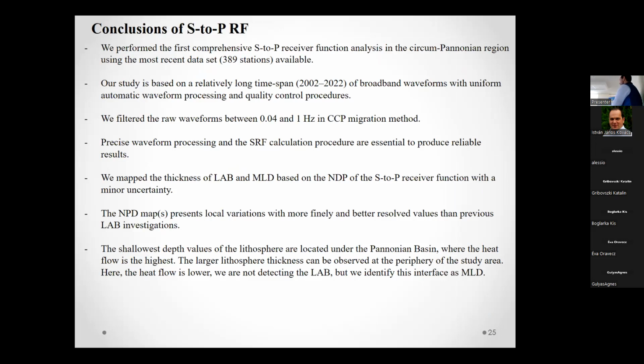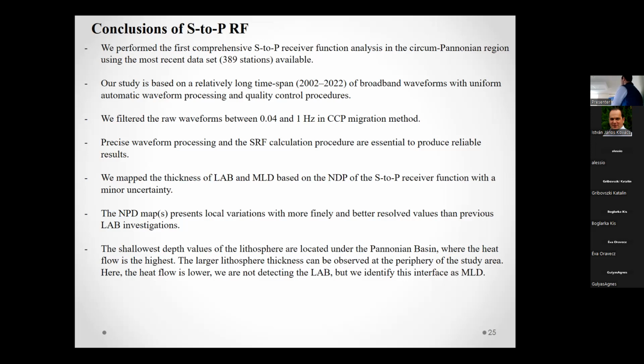The average uncertainty of the whole data set is plus minus 5 or 6 kilometers, so it's much smaller than previous ones.